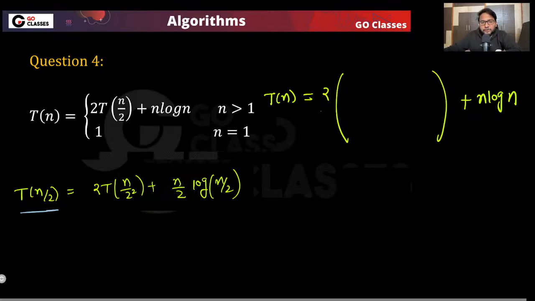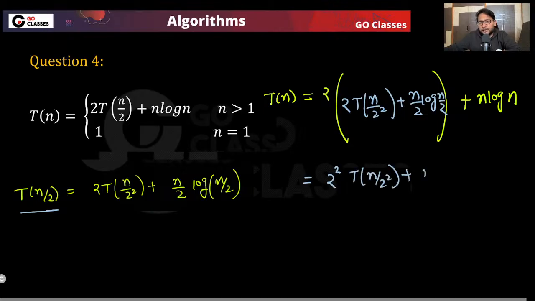It is nothing but this particular term. So you will write 2 of T of n by 2 square plus n by 2 log of n by 2. So let me rewrite it. It will be 2 square T of n by 2 square plus n log n by 2 plus n log n, isn't it?